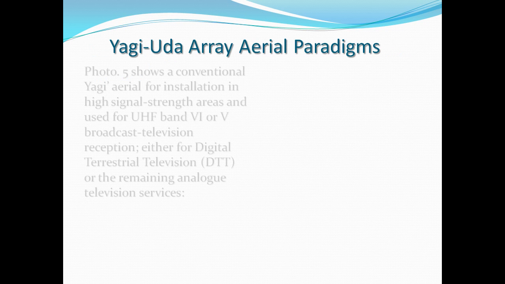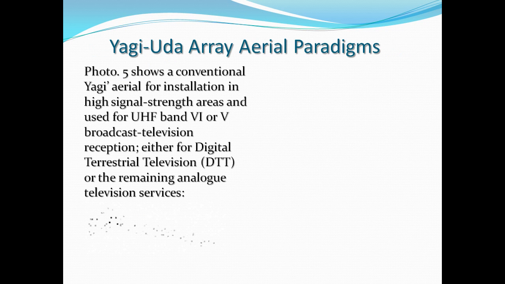Yagi-Uda array aerial paradigms. Photo 5 shows a conventional Yagi aerial for installation in high signal strength areas and used for UHF band 4 or 5 broadcast television reception, either for digital terrestrial television, known as DTT, or the remaining analogue television services. Where I live in Wirral, Merseyside, northwest England, I view my digital terrestrial television services via a horizontally polarised aerial group CD Yagi aerial, which is orientated towards the Winter Hill main transmission mast.